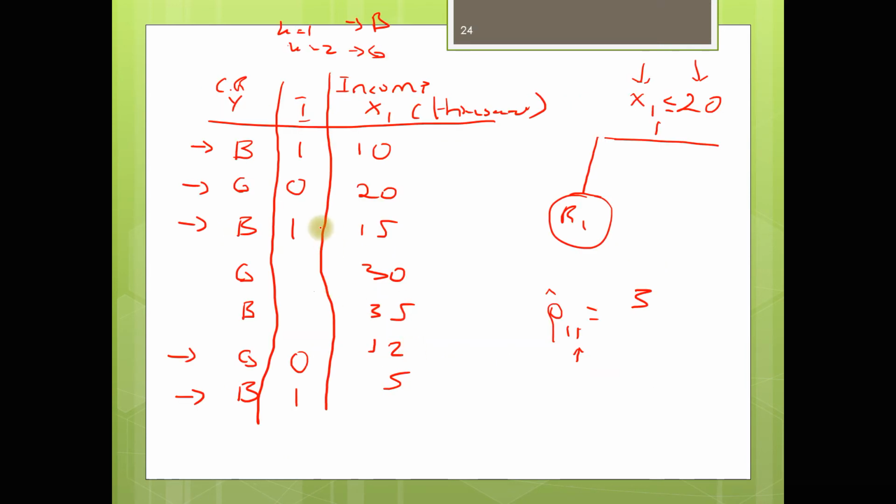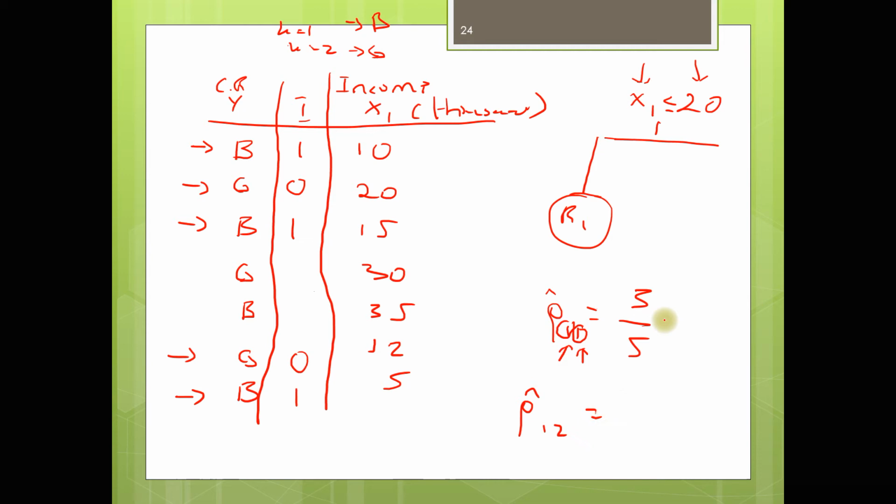The number of observations within that region is 1, 2, 3, 4, and 5. So 3 out of 5. This is pickup 1, 1. Pickup 1, 1 is just the proportion of observations of that class within that region.